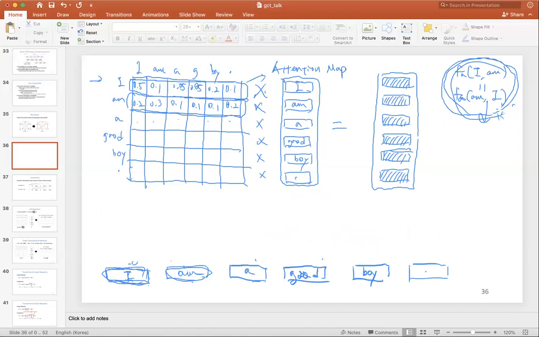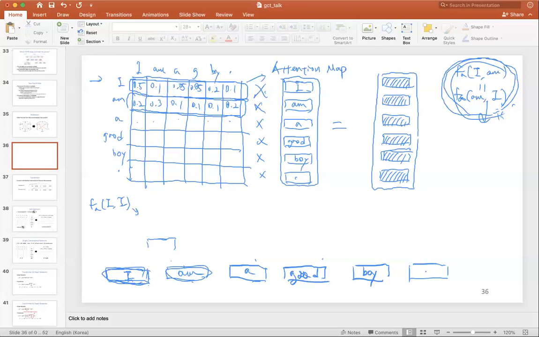When you're calculating the attention strength of I and I, the implementation looks like this.